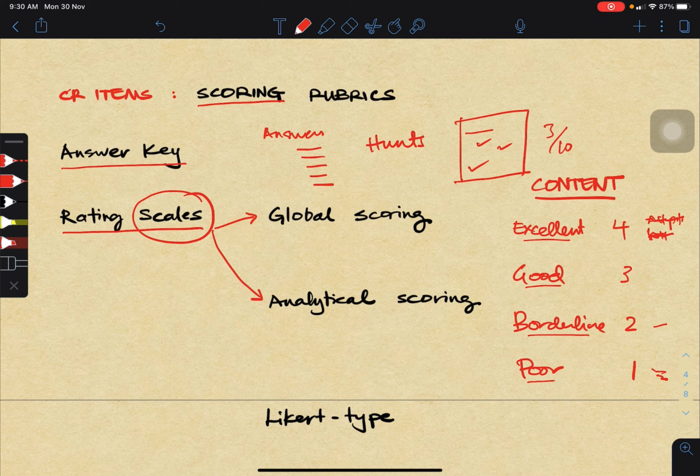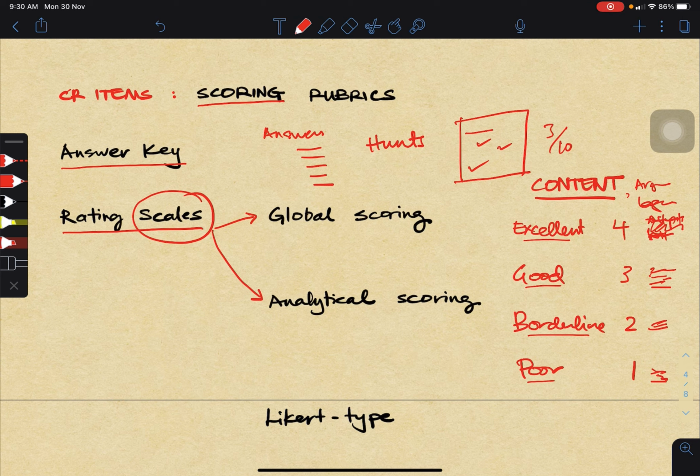The definition of good may not be as good as the one in excellent, but maybe it quotes some references, and so on. What is borderline, what is poor. So you can have as many domains as you think are important. You can go for content, you can go for argument, you can go for language.